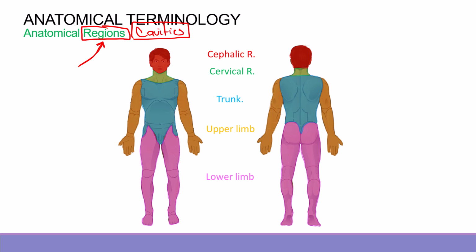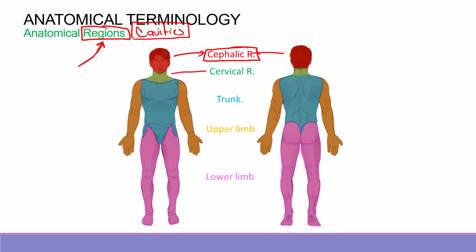In general, the way we're going to learn these regions is from the biggest, and then we're going to go to the smallest, or subdivisions, if you will. The area for the whole head is what we call the cephalic region. The cephalic region involves the face and all the head, where the hair is located.